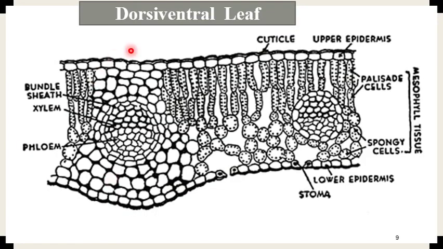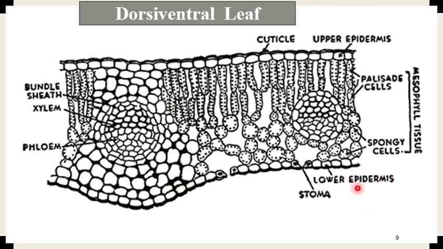This is the structural diagram of a dorsiventral leaf. A dorsiventral leaf has two surfaces, dorsal and ventral. On the upper side, upper epidermis is present, and on the lower side, lower epidermis is present.